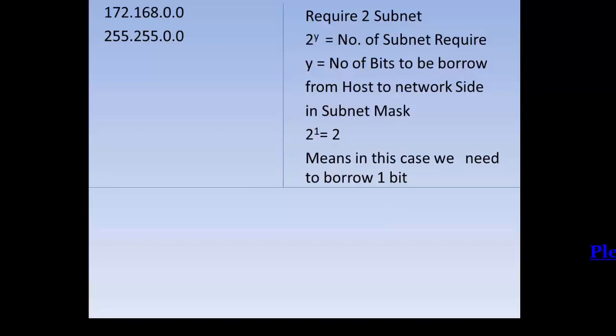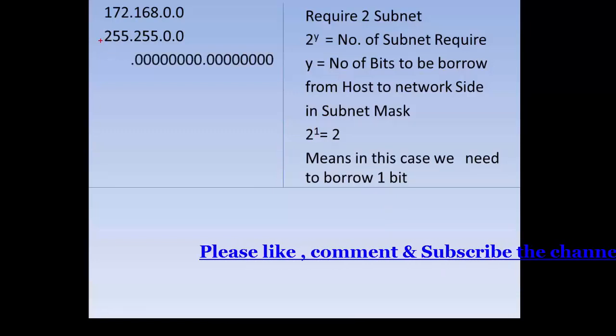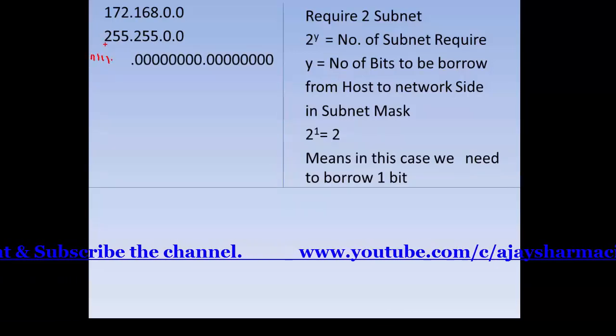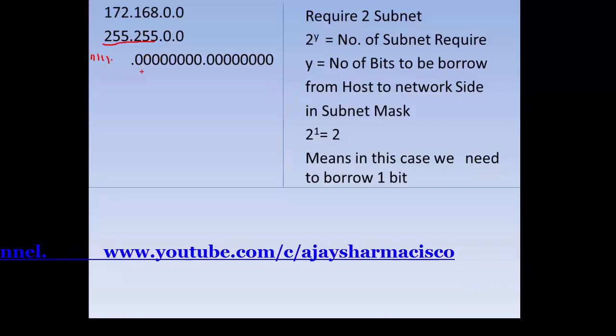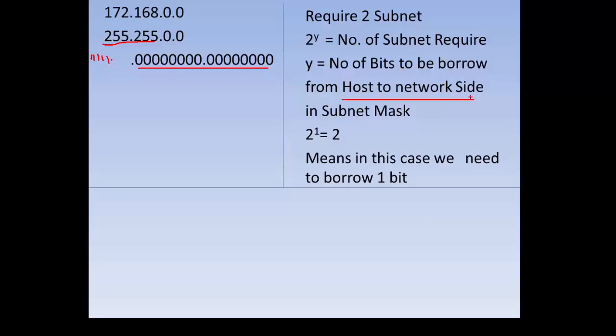In the default subnet mask, the first 2 octets are all 1s. So I have to borrow from the host side; according to the formula, I need to borrow only 1 bit.